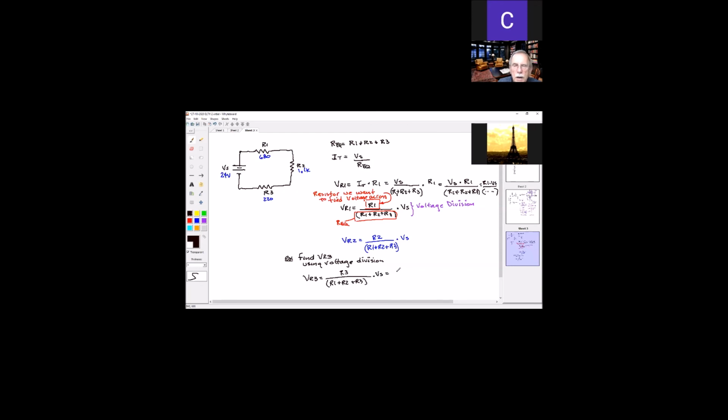So if I plug in the numbers, I have 220 over 680 plus 1.1 K plus 220 times 24 volts.